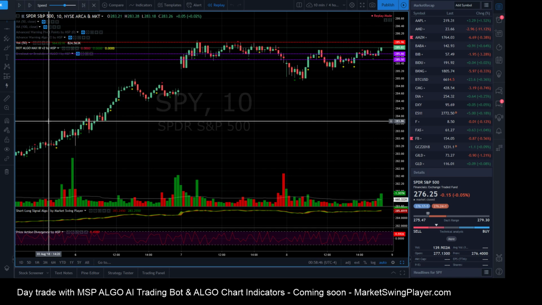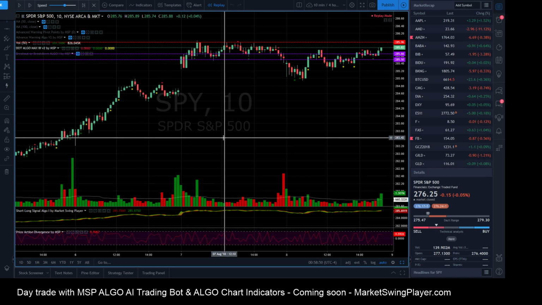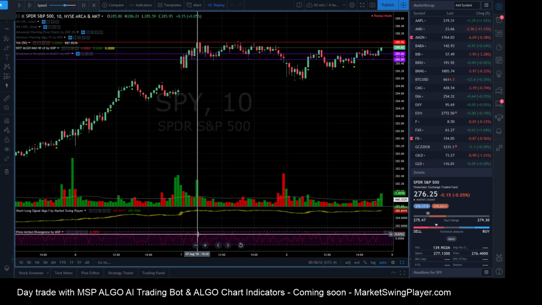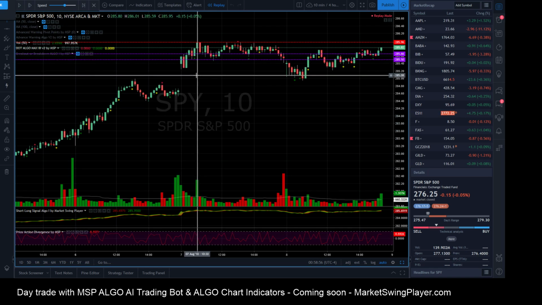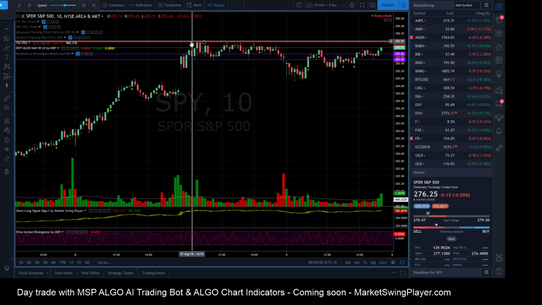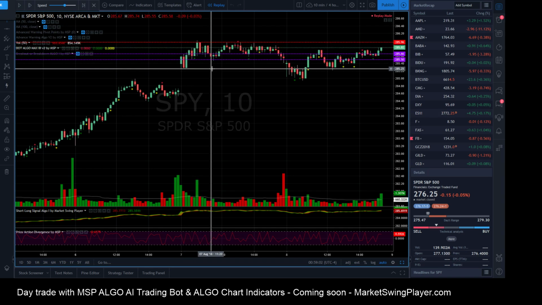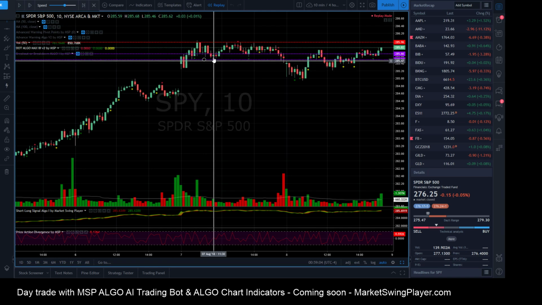In a nutshell, MSP Range Algo is designed to help you eliminate not knowing where price is going to go, whether price is chopping or not, or ranging or not. And we could see that this is ranging, and in this particular time frame, price moved less than $1. Okay, so 285.54 to 285.80.